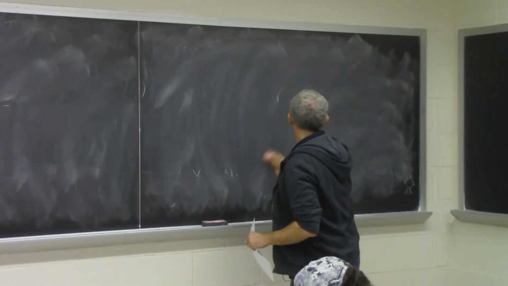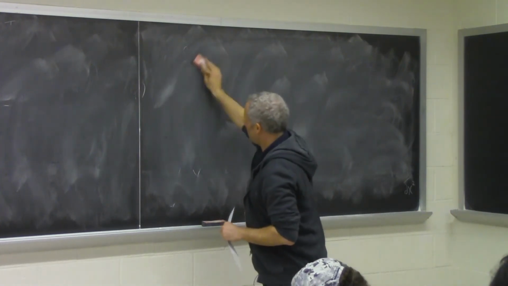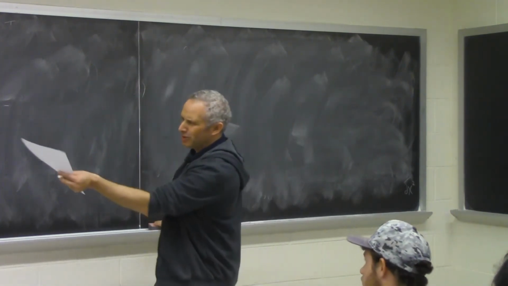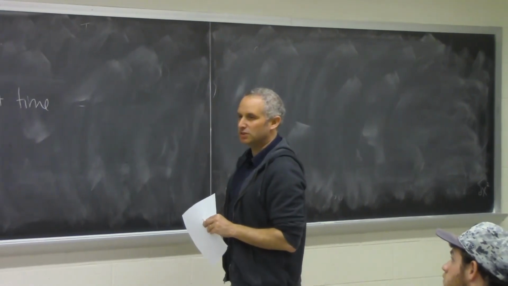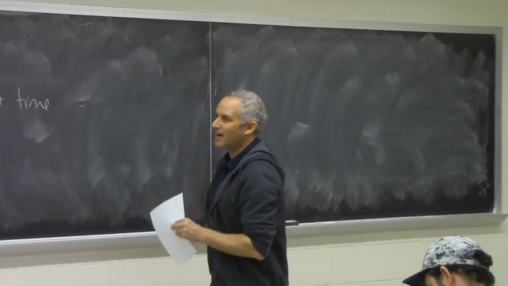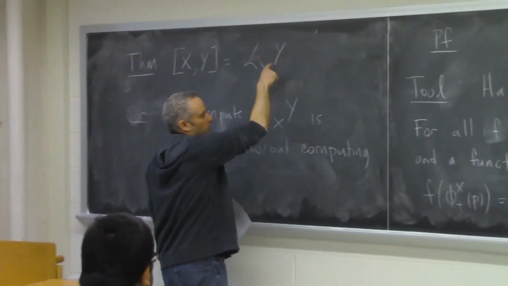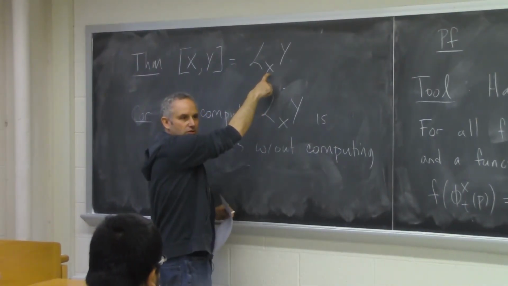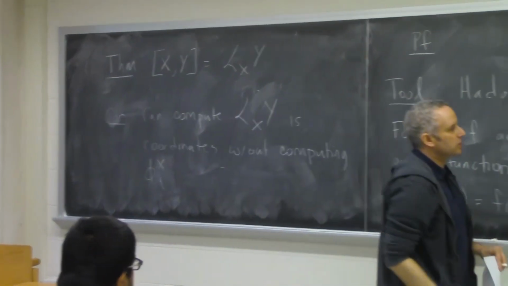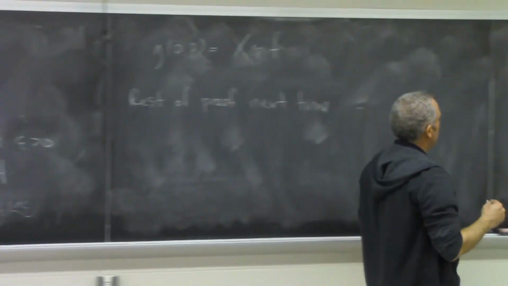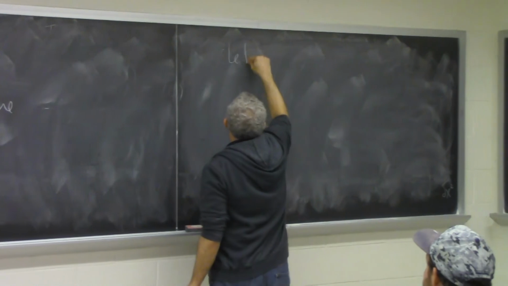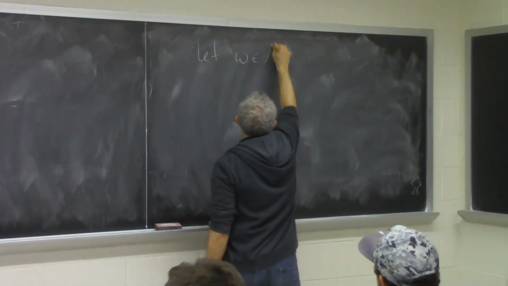So one can take the Lie derivative of other things besides vector fields. In fact, one can take the Lie derivative of any tensor with respect to a vector field. But I'm going to describe what happens when you take the Lie derivative of a K-form.